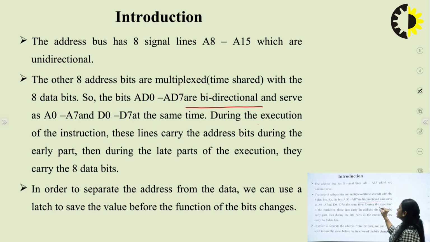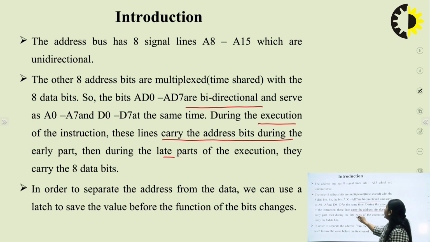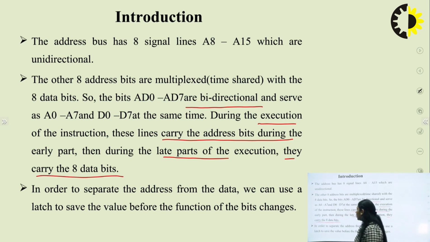During the execution of the instruction, these lines carry the address bits, the lower order address bits, and in the later parts of the execution, they carry the data bits. In order to separate address from the data, we use a latch to save the value before the function of the bits changes.